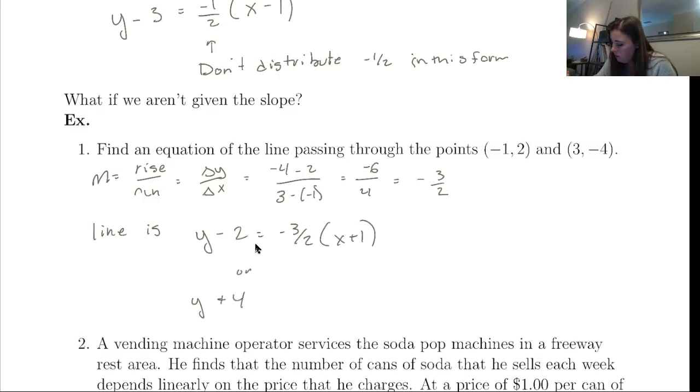Minus a negative equals -3 halves (x minus 3). They're the same line. They have the same slope. And I promise you, if I work these out and get to slope intercept form, I'll get y equals -3 halves x plus 1/2.